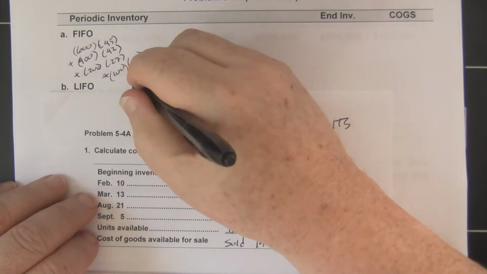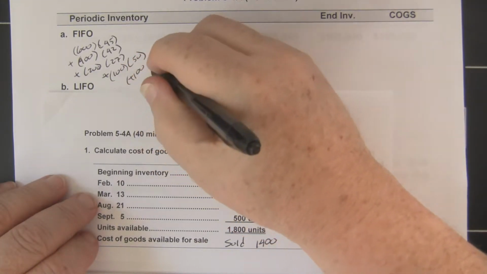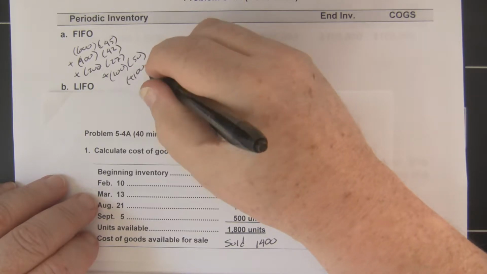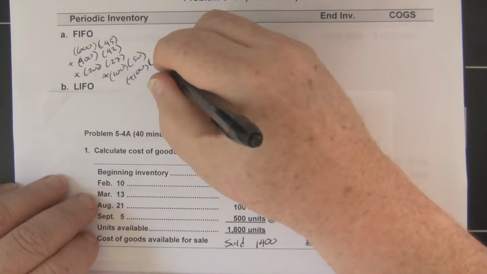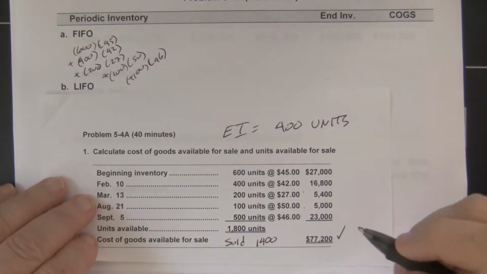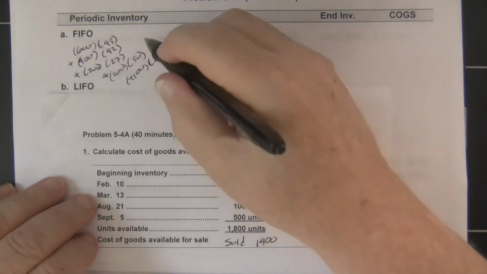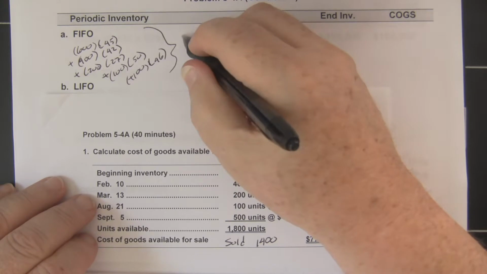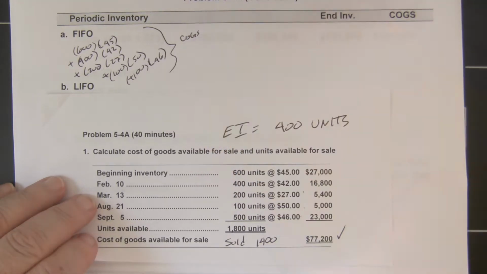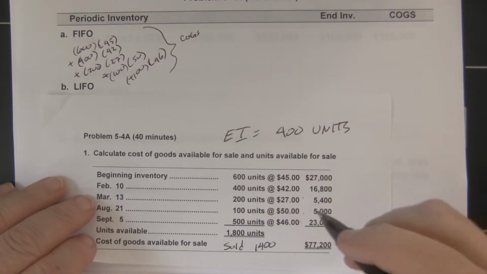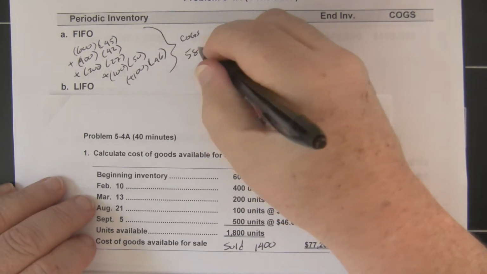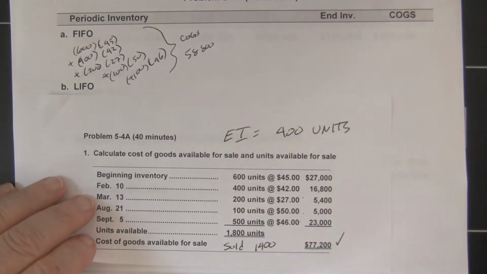We have 100 at $46. That's our cost of goods sold under FIFO. When you add that all up, it comes to $58,800.